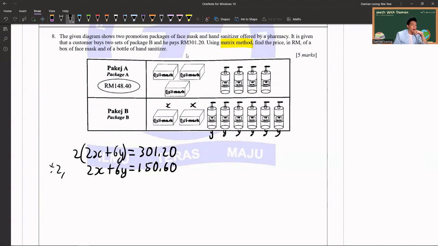But I would say it is easier if I deal with smaller values. So x plus 3y equals 75 ringgit 30 cents. The other one is based on package A here. So it's 3x plus 4y equals 148.4.